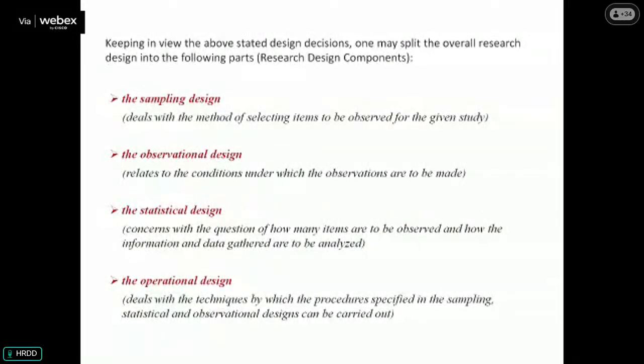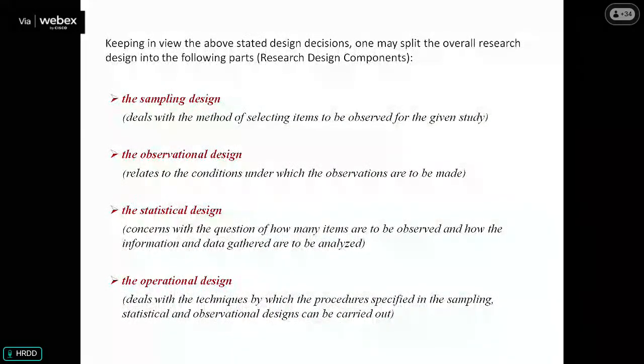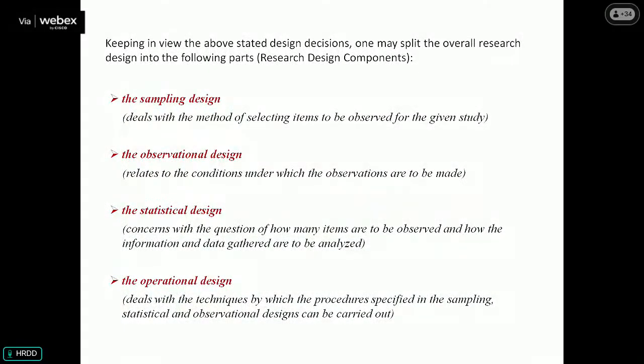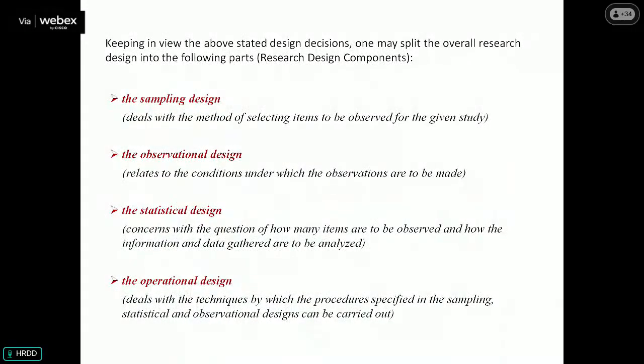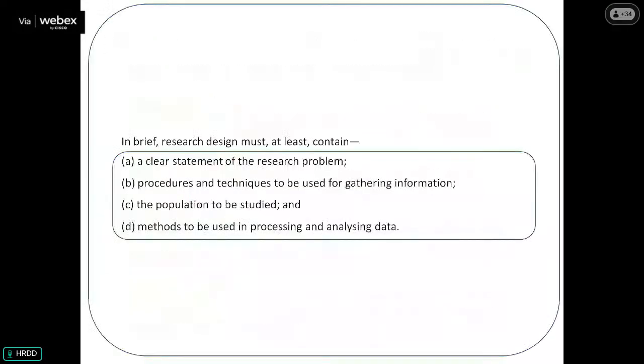So you have 10 questions, and if you answer each of them, they can be grouped into basically 4 types of design. One is the design of the sample, one is the design of observational parameters, one is the statistics or errors in your analysis, and the fourth is the operational methods, meaning the research methods you will use. You will have that knowledge once you are familiar with your subject, your topic, and you know your hypothesis, what you have to achieve.